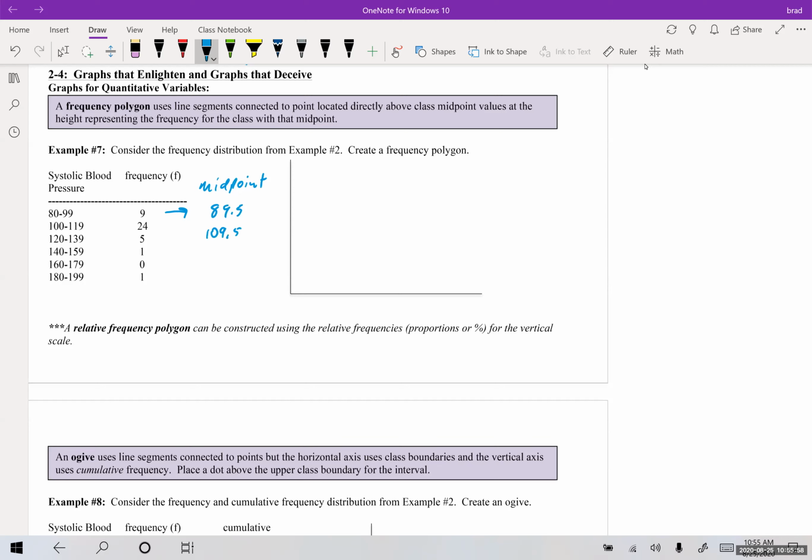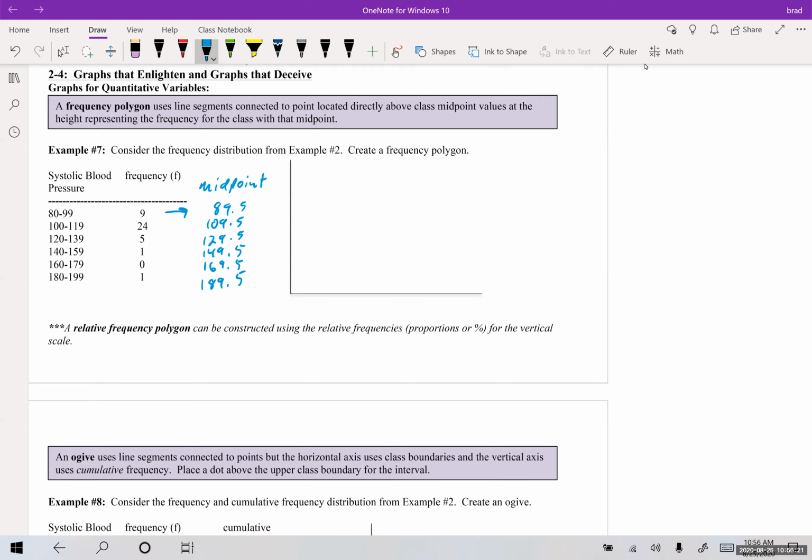What's the next one? 109.5, then 129.5, 149.5, 169.5, and 189.5. Okay.